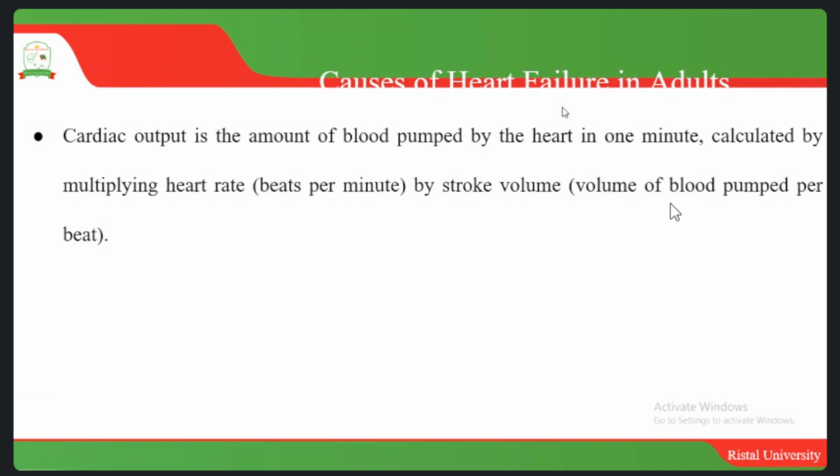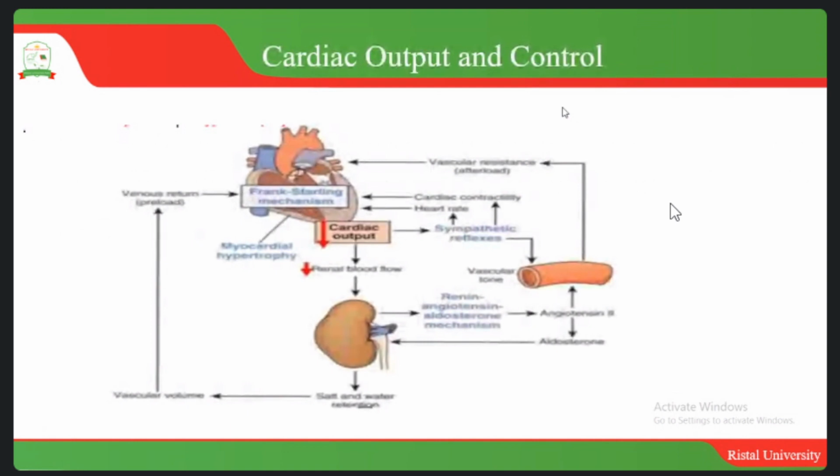us the cardiac output. So when you look at this cardiac output and control, this basically is trying to tell us how the heart releases blood out of it. So the cardiac output, where is the blood coming from and which part releases the blood?